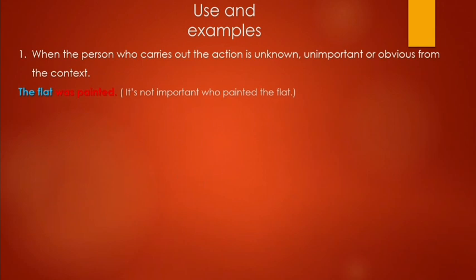The flat was painted, so it's not important who did the action, but important is that the flat was painted and we don't want to know who did it. Or the burglar was caught last night. So it's obvious that the police caught the burglar, that we know by general everyday things that police catch burglars.